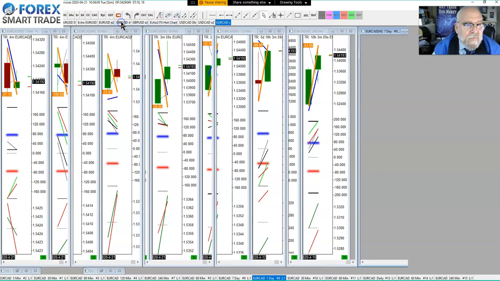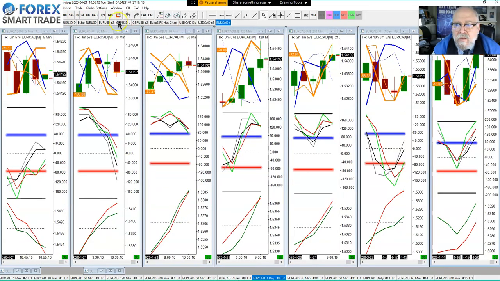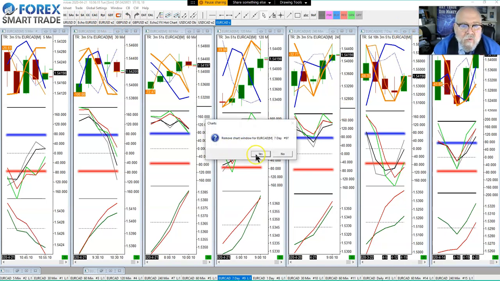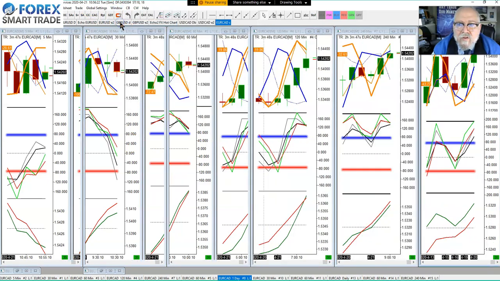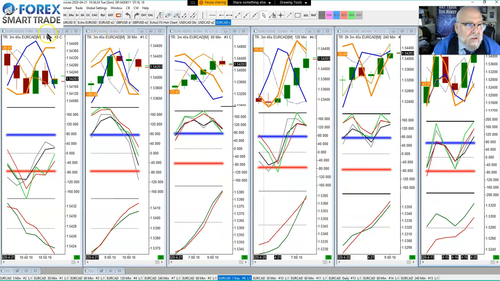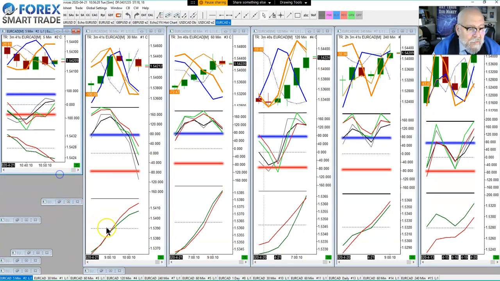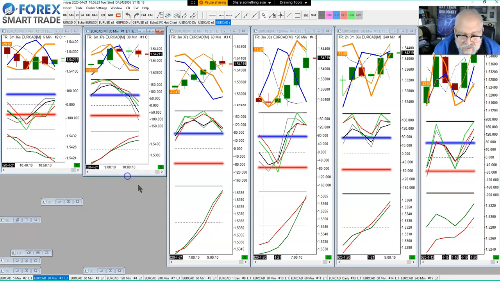Window. What do we got here? 1 day. Don't need this. I don't use the week chart anymore. Let's redo this. Tile vertically. Alright, and then we'll bump this up so that we can see where our 60-minute chart is.